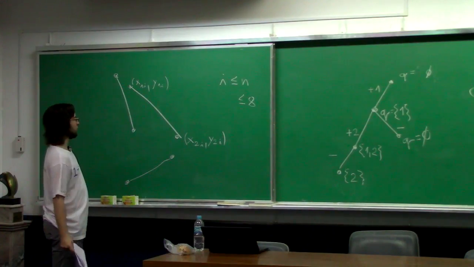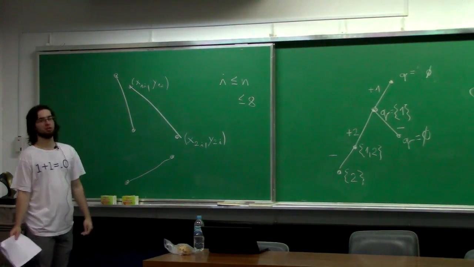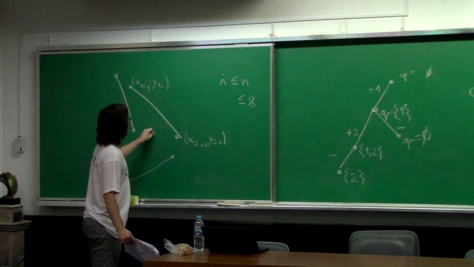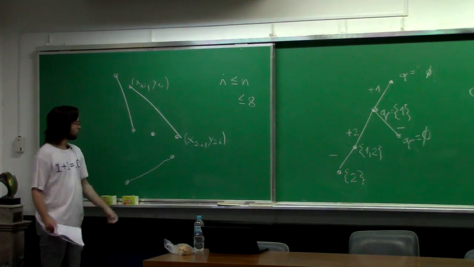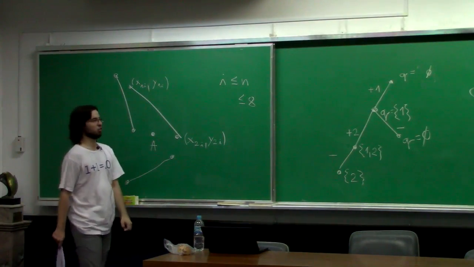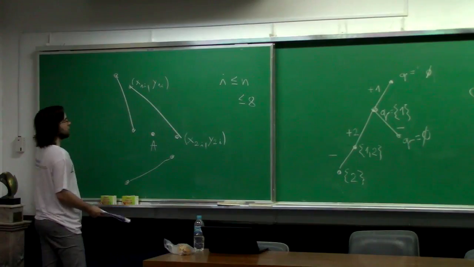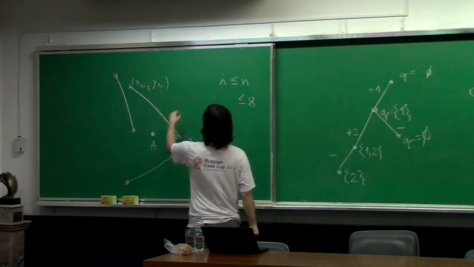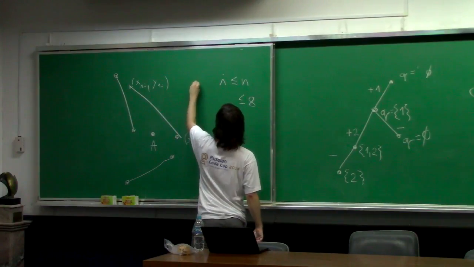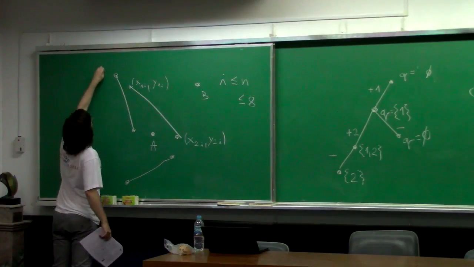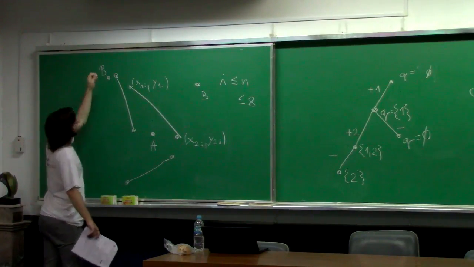Alice wants to select some point that doesn't belong to an obstacle. For example, this point would be good. And this is Alice's point, and then Bob selects some other point. He can select an arbitrary point that also doesn't belong to an obstacle. For example, this can be Bob's point, or this can be Bob's point.